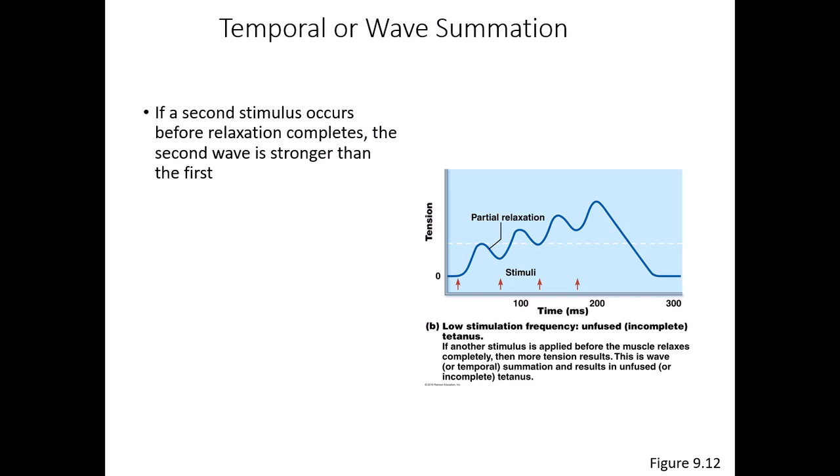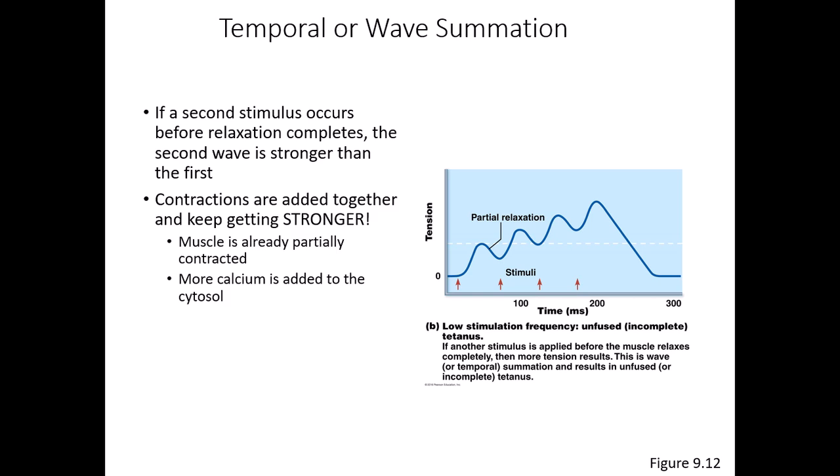So if a second stimulus occurs before relaxation is complete, then the second wave is stronger than the first, and that's why it's called wave summation. We're kind of summing or adding up the strength of the individual contractions, and that's how we get an even stronger contraction, which we might need if we are lifting something heavy.